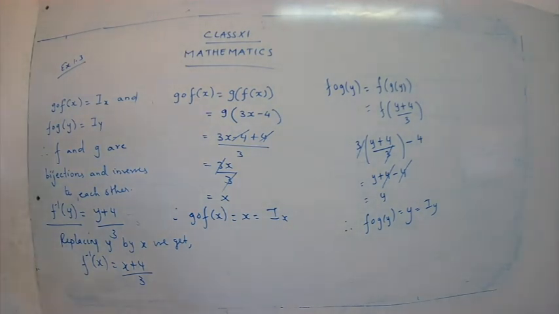Now we have to check whether this inverse is also a function. So let's go for the step. You have to show the explanation using an arrow diagram. Yes, children, so let's draw the arrow diagram and check the answer.